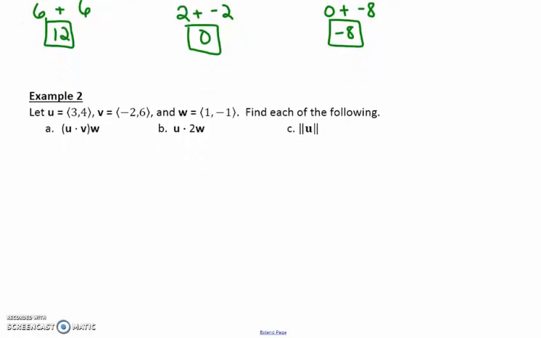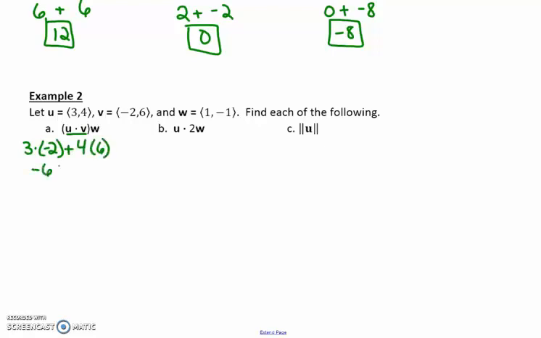We have 3 different vectors in component form, and we are finding each of these following expressions using different properties. For the first one, we're going to do that dot product first. So we have 3 times negative 2 plus 4 times 6.